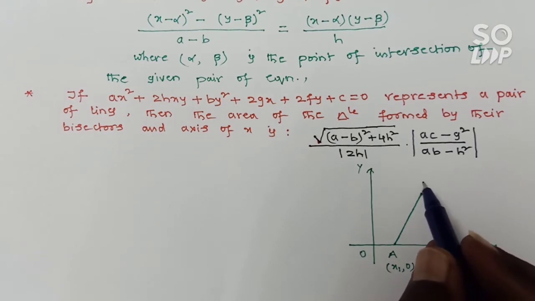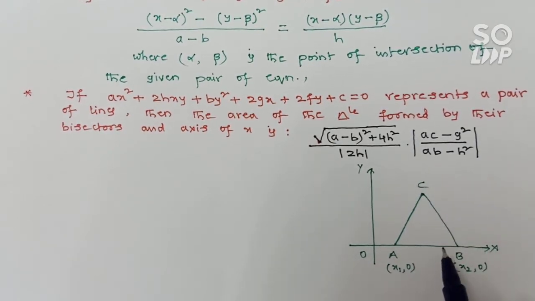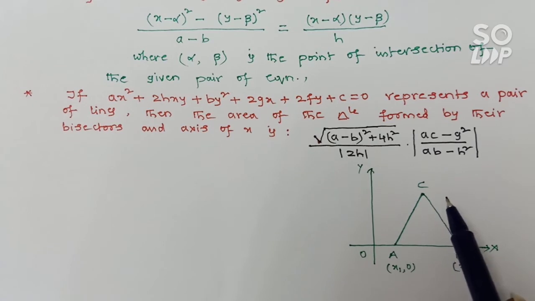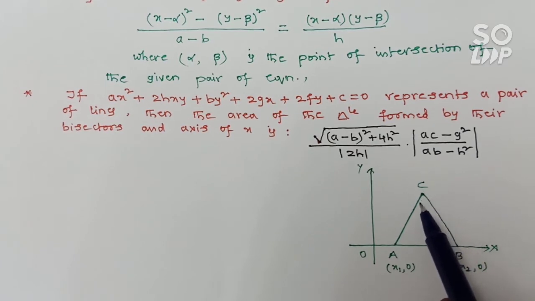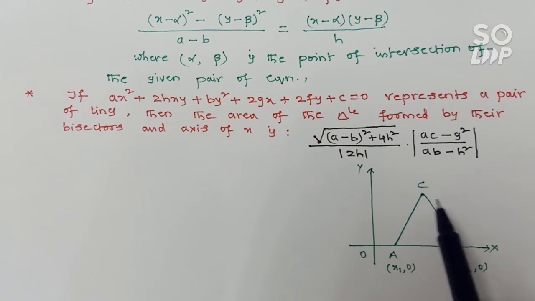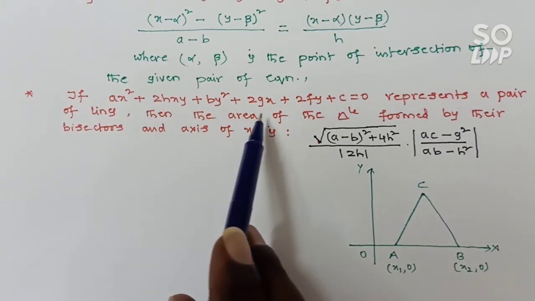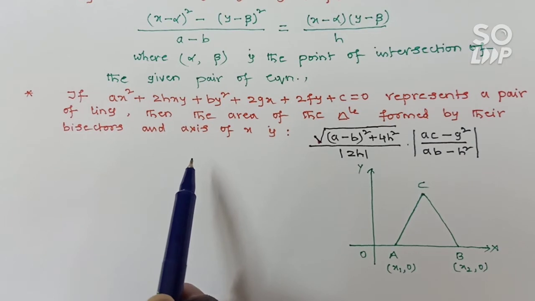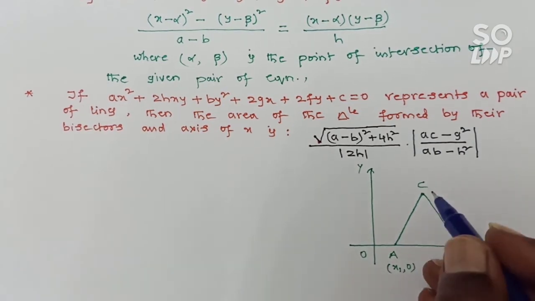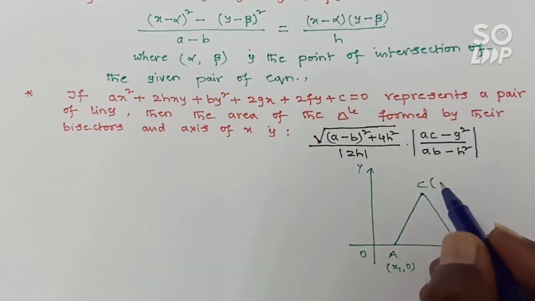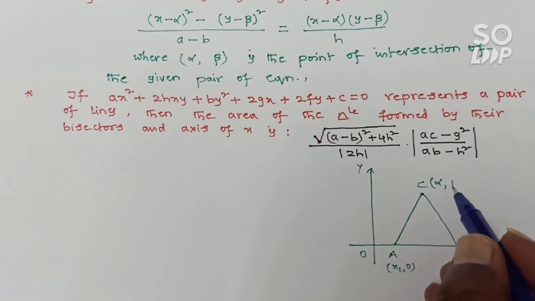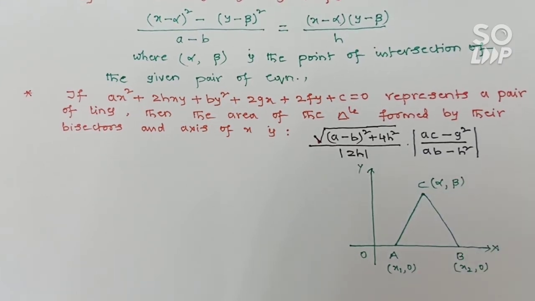This one is point C. We know that the point of intersection of the angular bisectors and the point of intersection of the given pair of lines will be the same. So let us take this one as alpha comma beta, right?